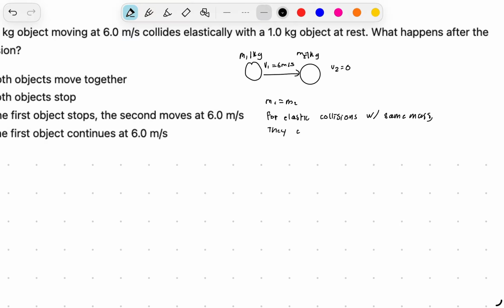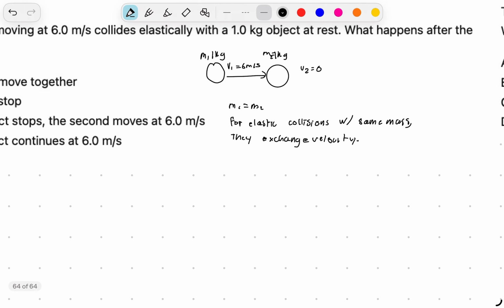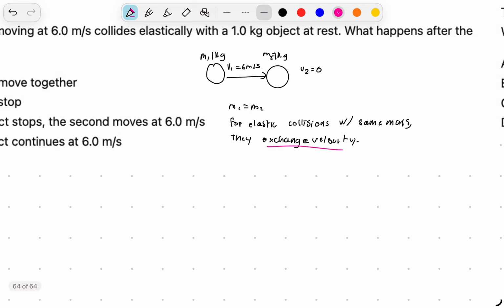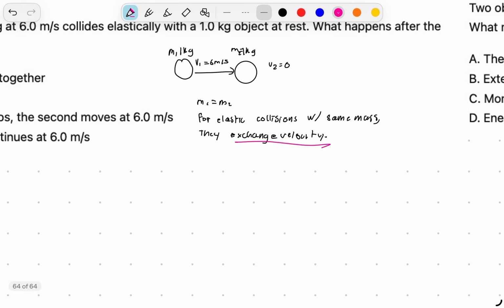The objects are going to exchange velocity, so they just swap. So that means that our first object is going to stop. And our second object will move 6 meters per second.